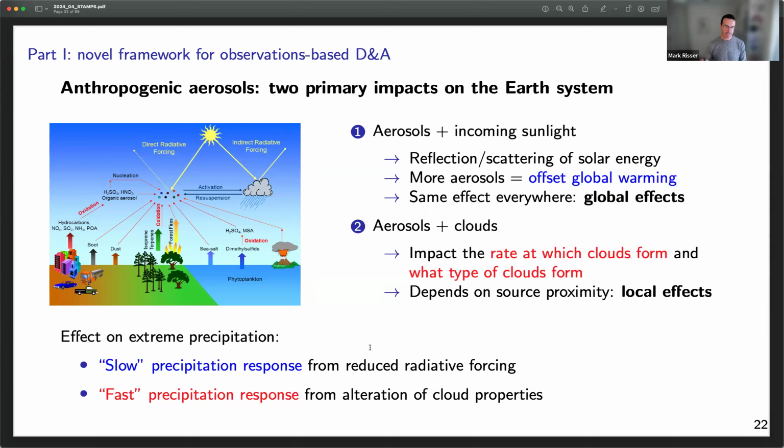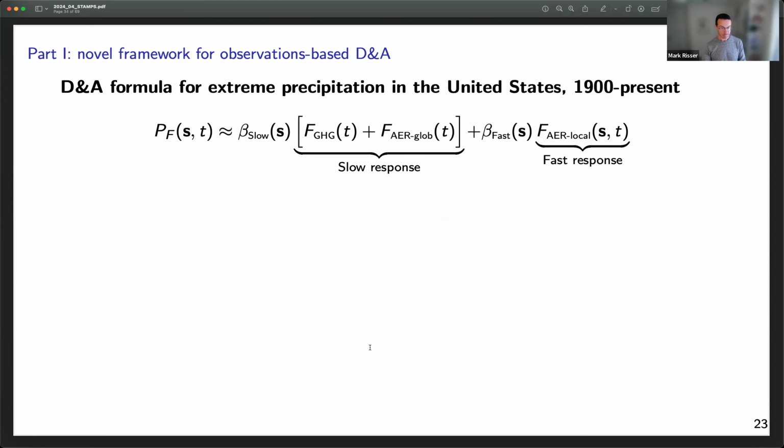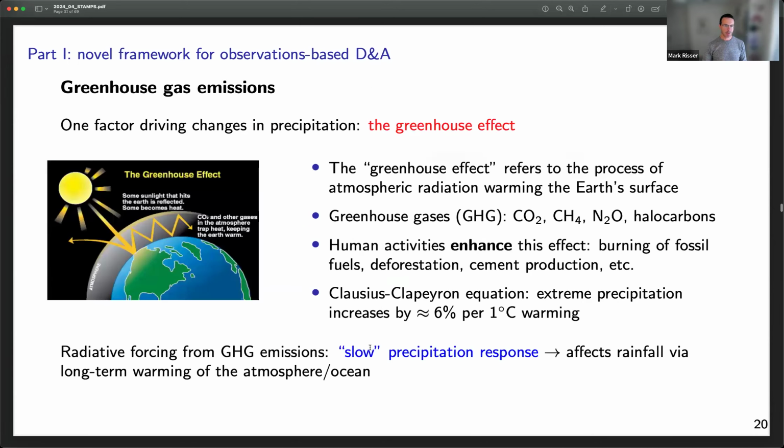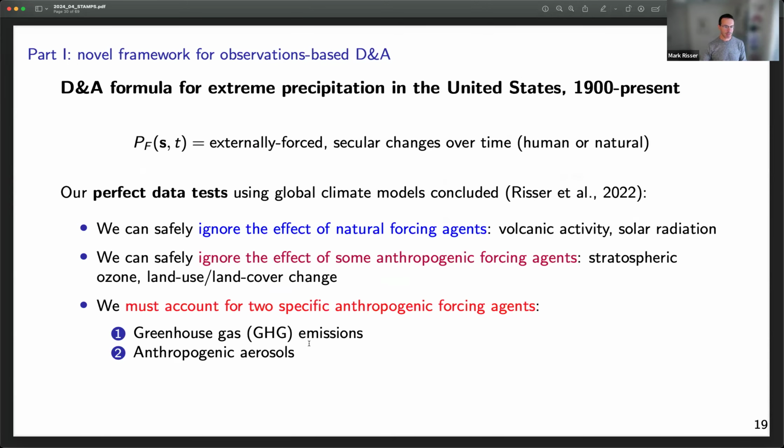But there is also this fast precipitation response that comes from altering cloud properties, which happens on much shorter timescales. So again, coming back to this forced piece, I remember we said there were these two things that we had to worry about.